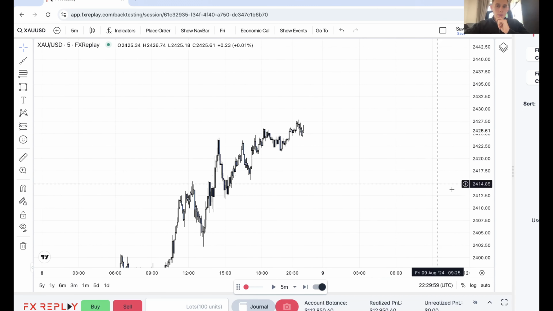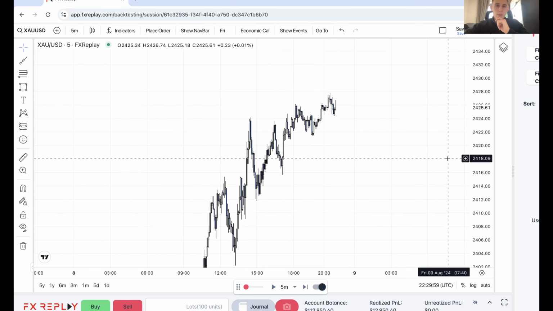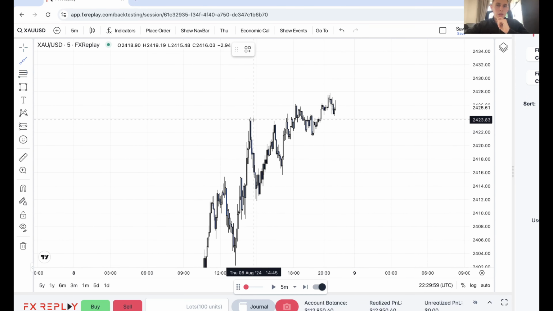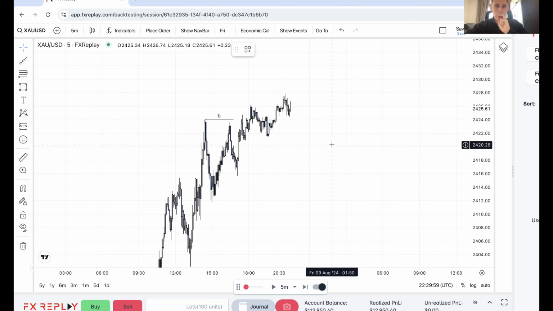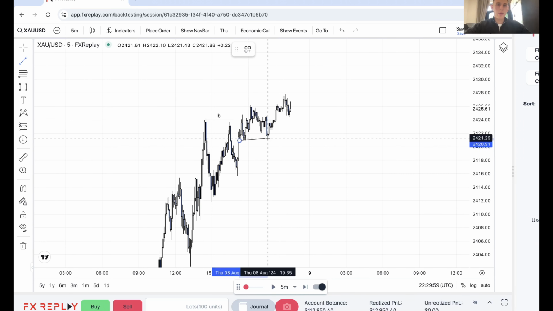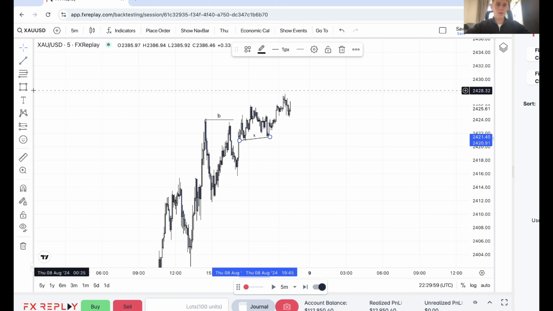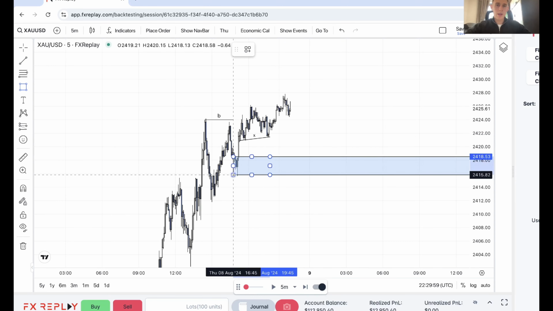So let's have a look. We also had another breaker structure here, which I'll mark on. We also have a build up of liquidity here. We have this sort of 5-minute demand zone.